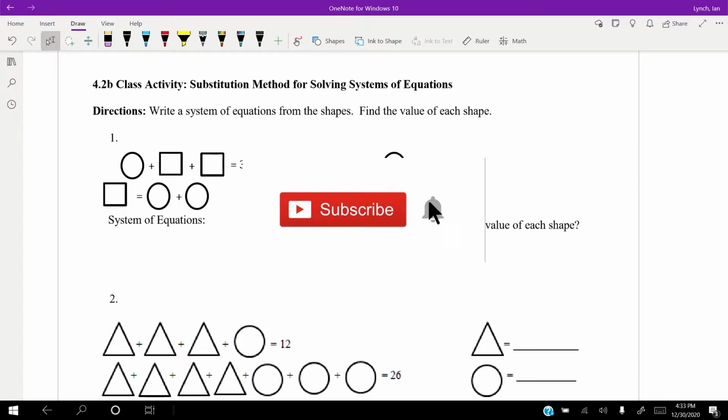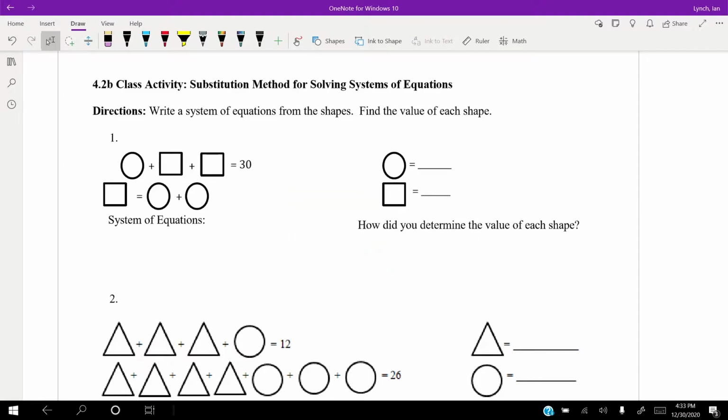Today, lesson 4.2b, substitution method for solving systems of equations. So we're going to go more over substitution. Just to refresh ourselves on what substitution is, we're going to solve this first system here. We know that a square is worth 2 circles. So let's plug that in for each of these squares.